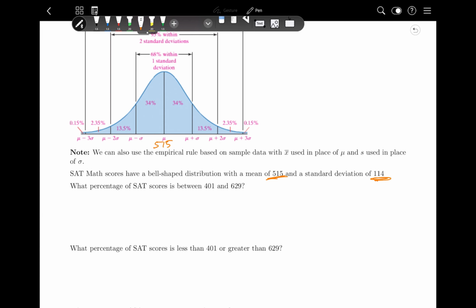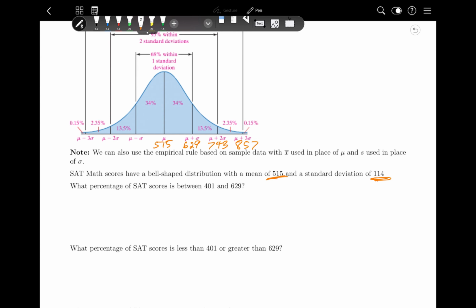So 515 plus 114 is 629. And then I could add 114 again. So that would be 743. And then I could add 114 again, and that would be 857, and then we can also subtract 114.